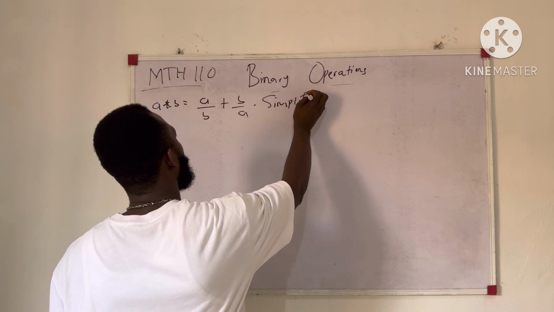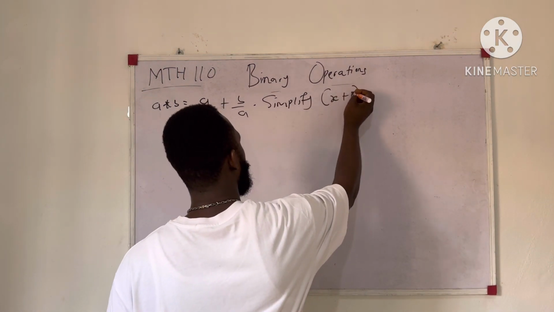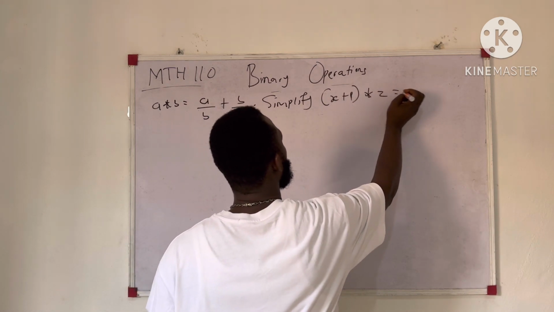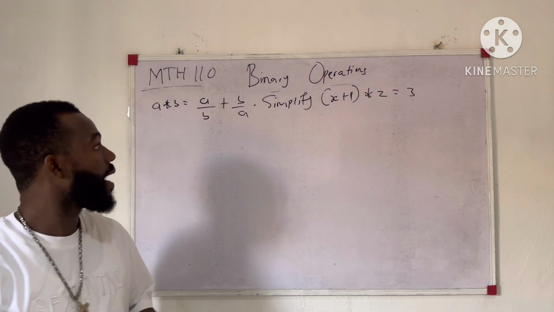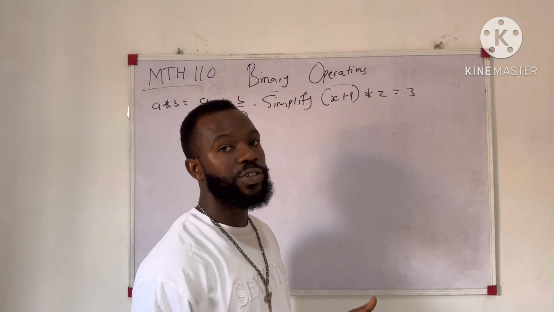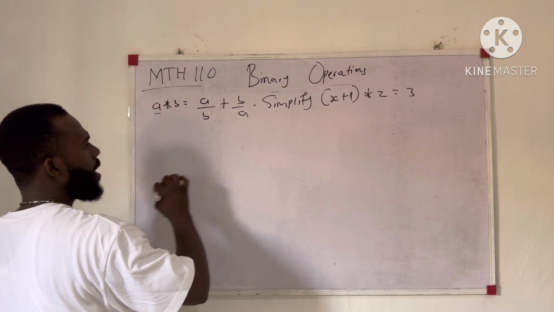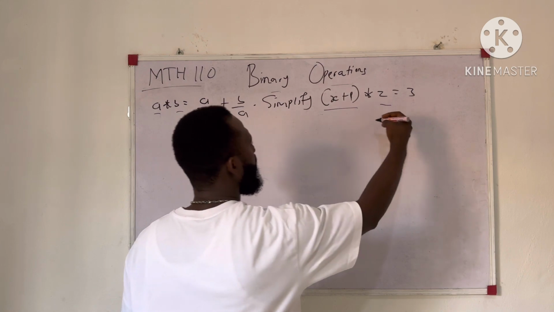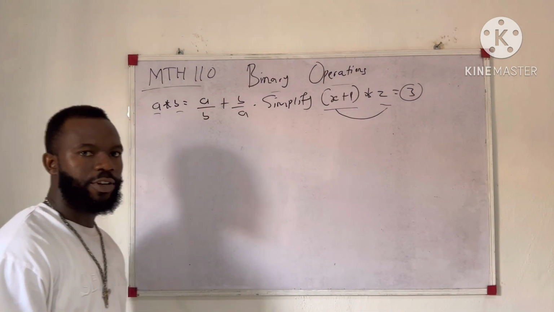Simplify x plus 1 operation 2 equals to 3. This is what we were told to simplify. Now, A here is x plus 1, B here is 2. But don't forget that these two operations equal 3. So let's see what we're going to do.